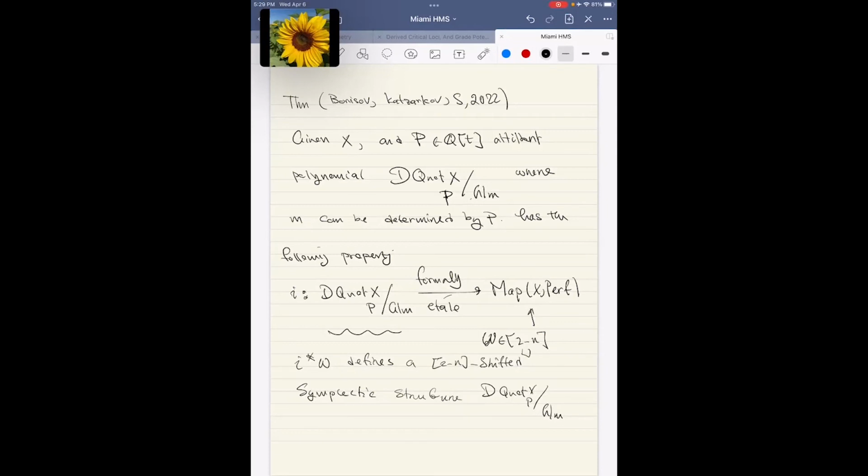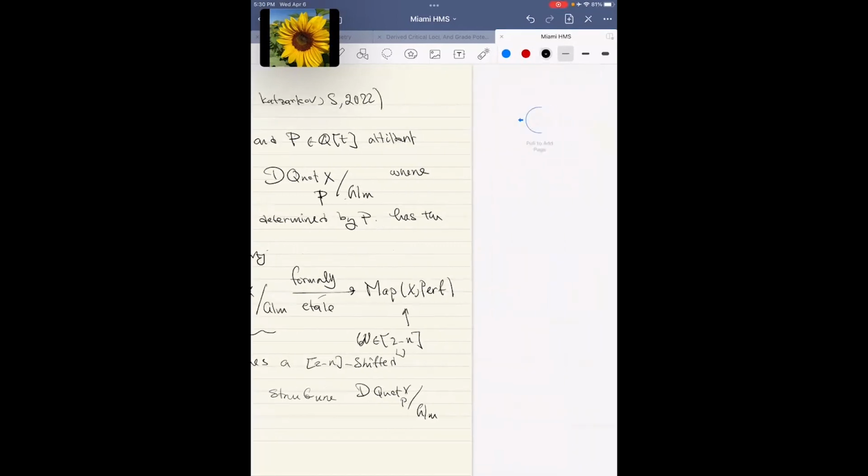Now, beyond that, in our moduli space, we have a Lagrangian distribution. And we would like to use that property to show that our moduli space is globally written as a derived critical locus of a function. Okay, so this is the goal. So let me mention the other theorem now.